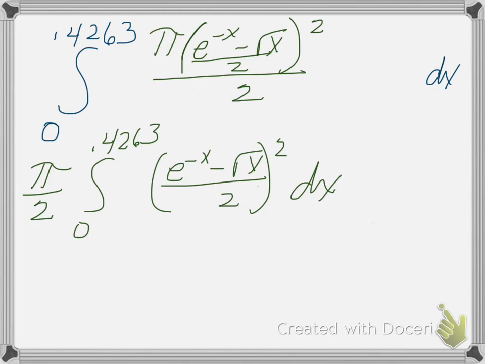Okay, and then you're going to go to your calculator and you can do math 9, and you're going to put this in there, and then you can do comma x, comma 0, comma 0.4263.